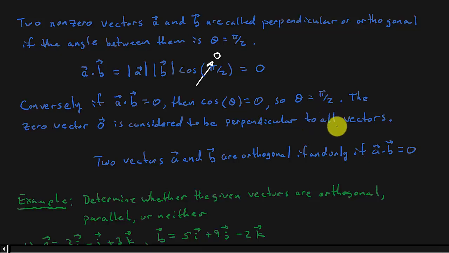The 0 vector is considered to be perpendicular to all vectors. And here we have it: two vectors A and B are orthogonal if and only if A dot B is 0.